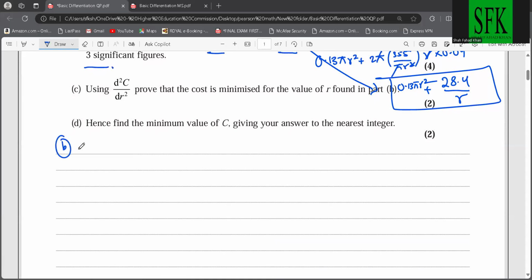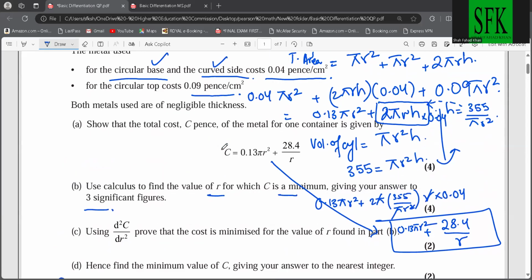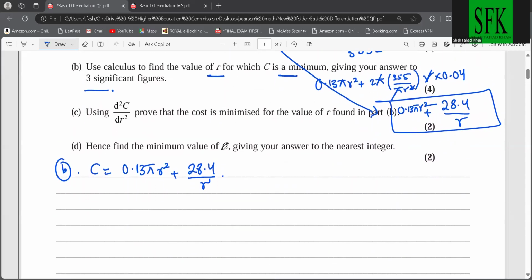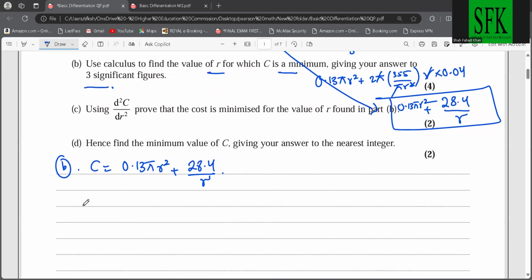Now, part B. We know that C equals 0.13 pi r squared plus 28.4 over r, and it says find the value of r where C is minimum. For this, we differentiate this equation with respect to r. So dC/dr equals 0.26 pi r, and for the other term we apply the chain rule.